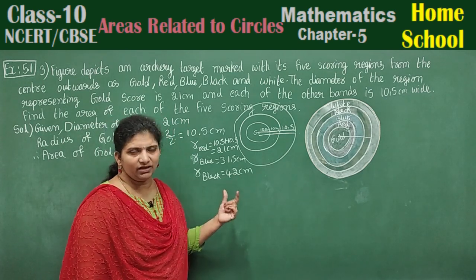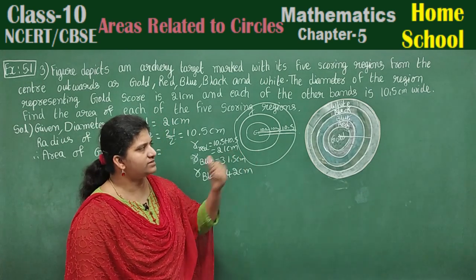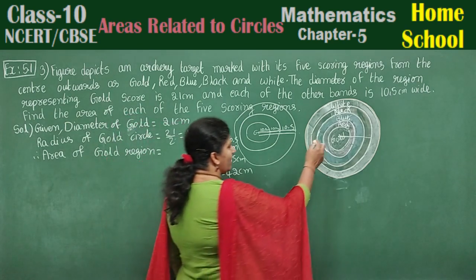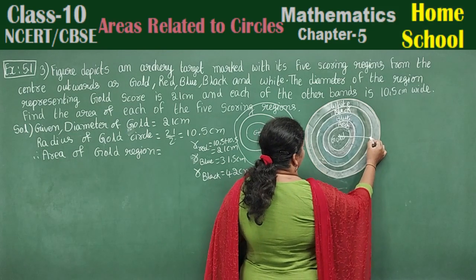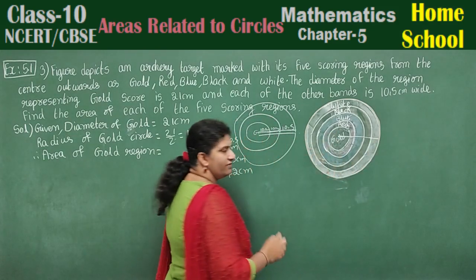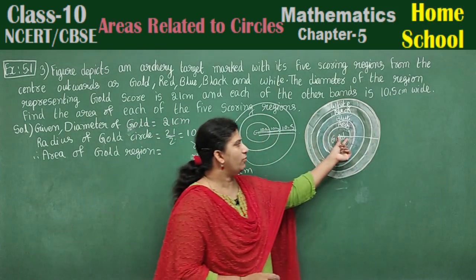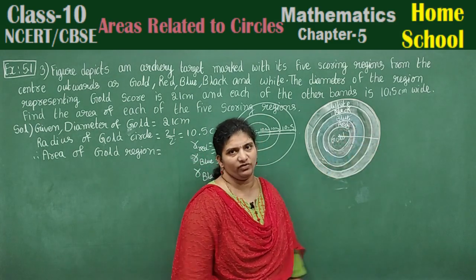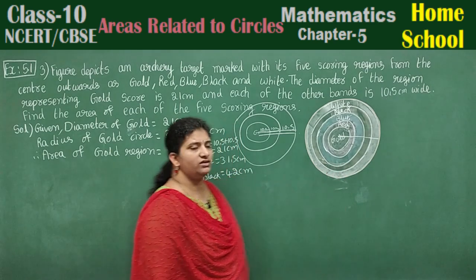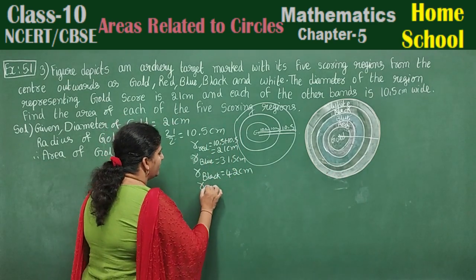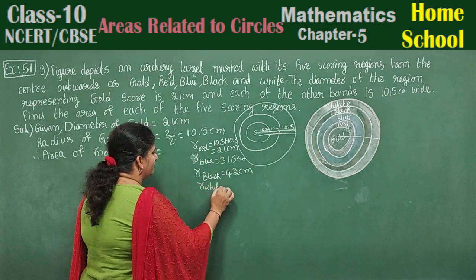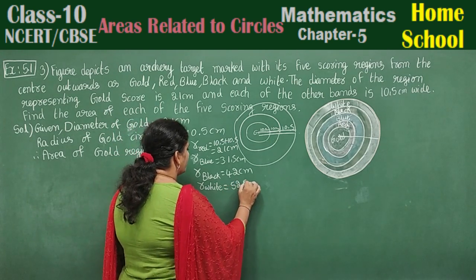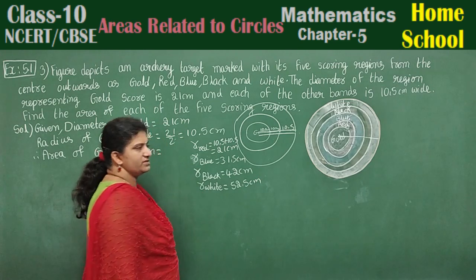And finally, we need to find the radius of the last circle, that is the white circle. So from the center again 10.5 centimeters width extra. 10.5, 10.5, 10.5, 10.5, 10.5, add all these, children. How much are you going to get? Radius of white is equal to 52.5 centimeters.